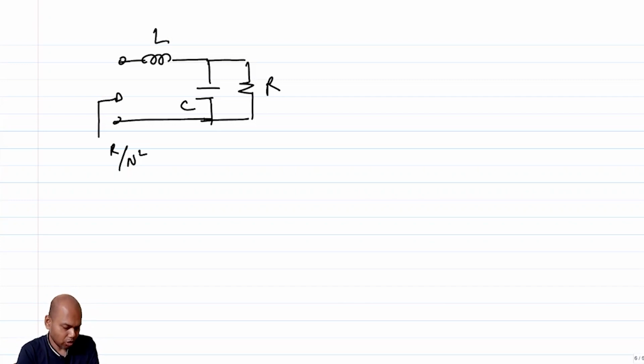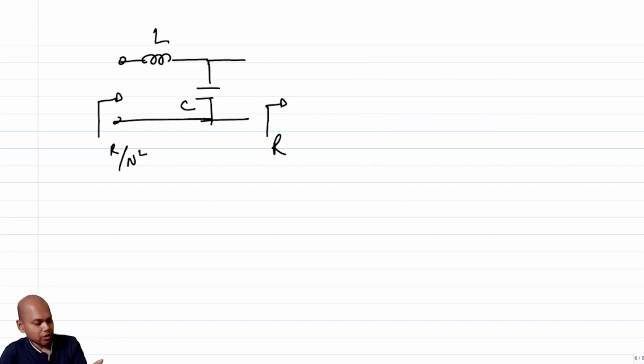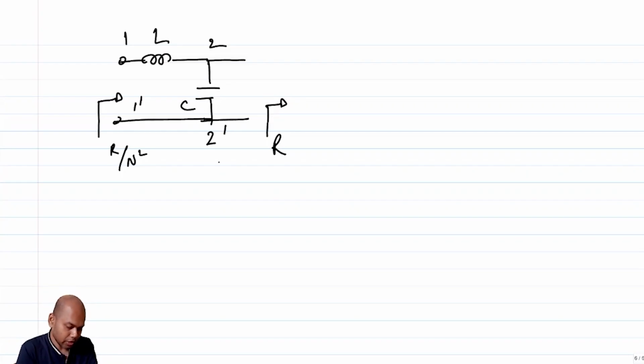But you also know that the impedance looking here is R. So if the impedance looking into port 2 prime is R, the impedance looking into 1 prime is R by N squared.